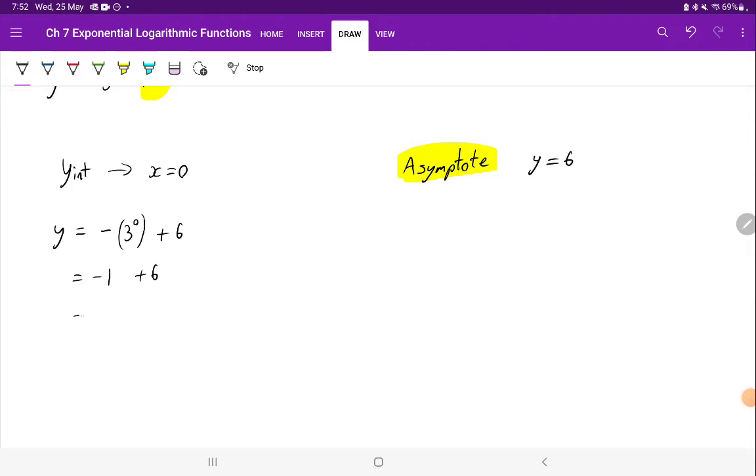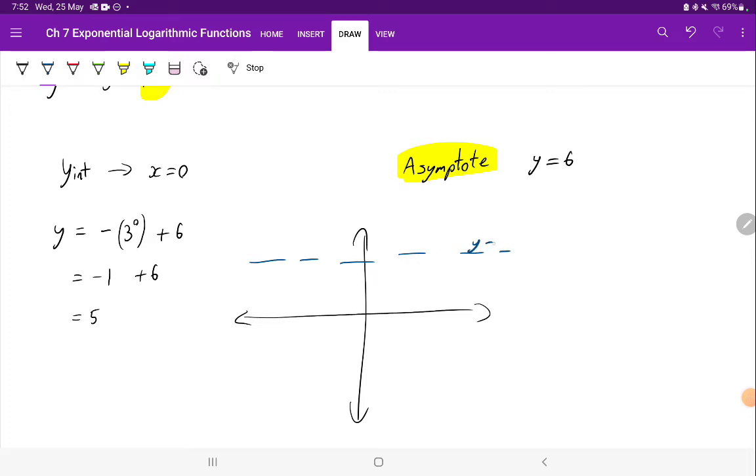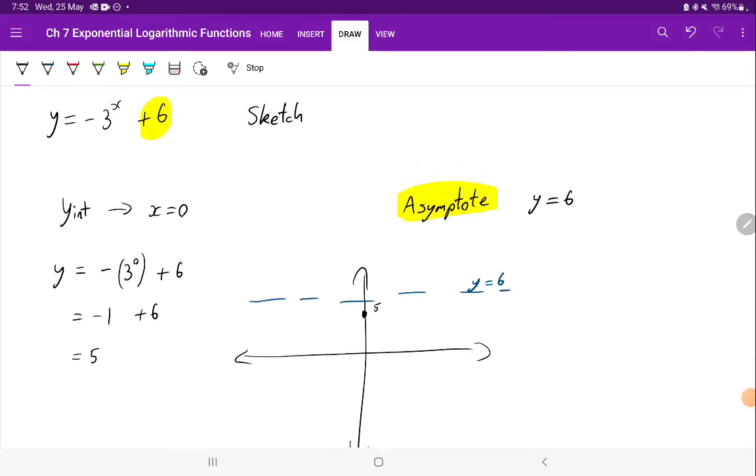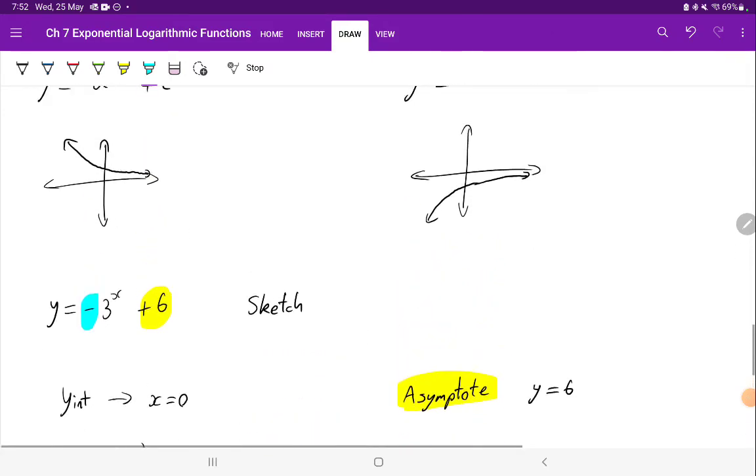So let's use these 2 pieces of information to do our sketch. So the asymptote is at y is equal to 6. Let's draw a line. And then we've got a y-intercept at 5. Alrighty, now this is where we need to have a look at the function again. We can see that there's a negative outside of the function. Well, that matches with this type here.